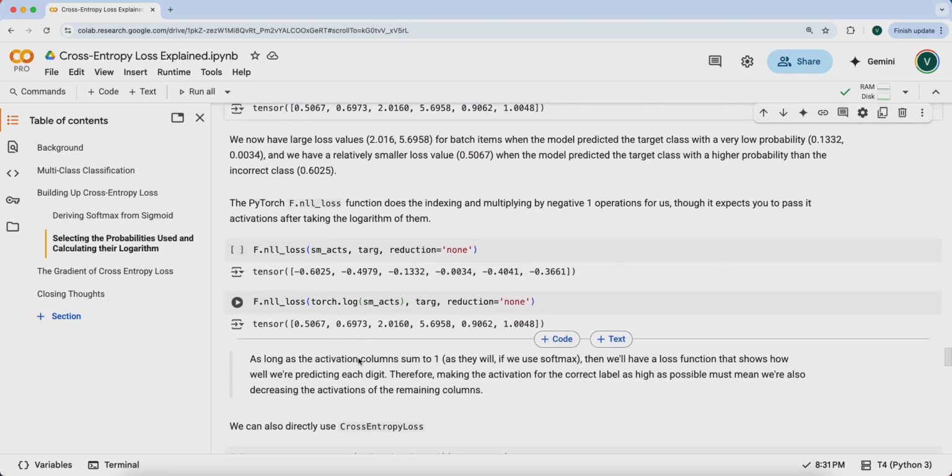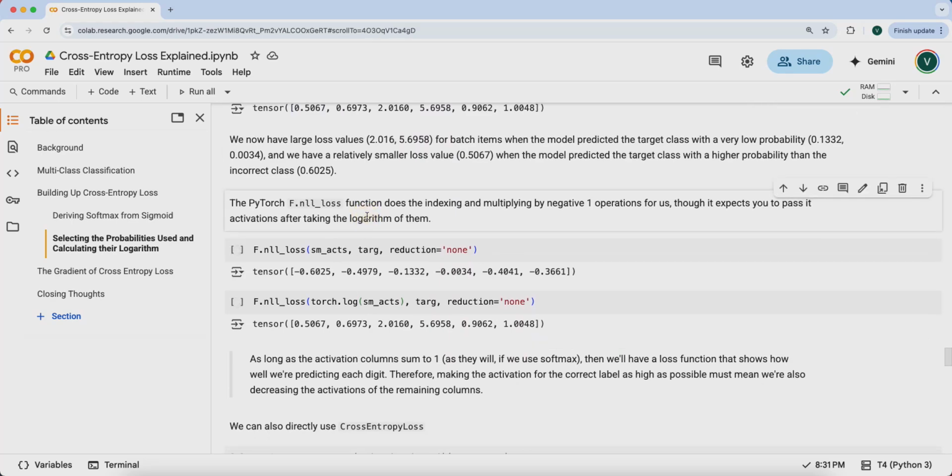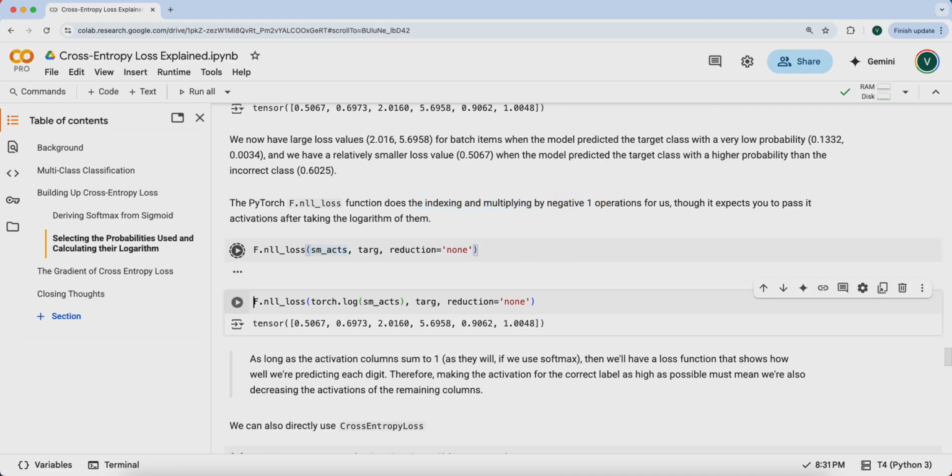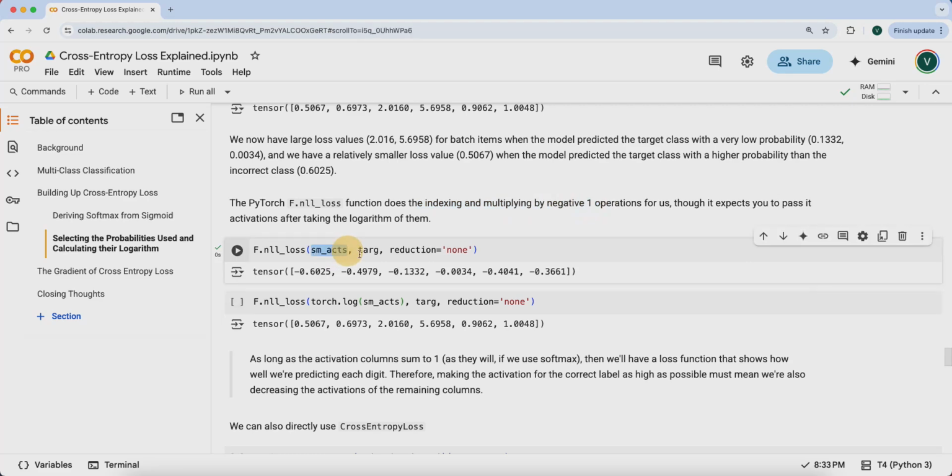All right, so let's look at how these are implemented in PyTorch. PyTorch has this negative log likelihood loss, and what it actually doesn't do is the negative log part, but what it does is the indexing part and the multiplying by -1 part. So if I run this here, I give it my softmax activations, I give it my targets, and it just indexes into that 6x2 matrix based on the column that the target is in, and plucks out those probabilities and multiplies them by -1.